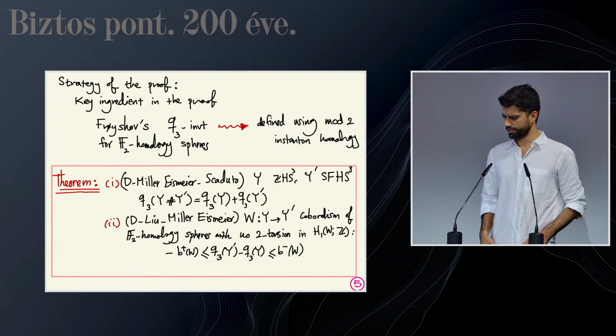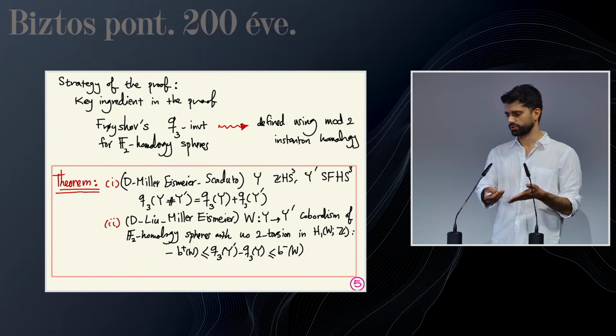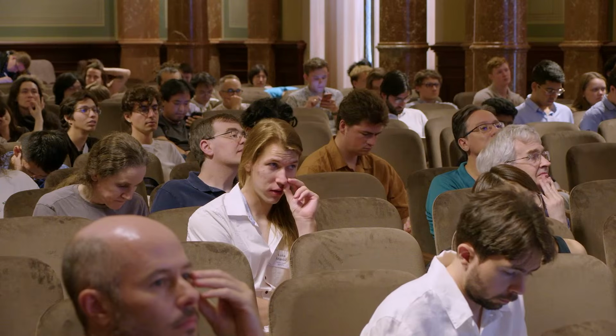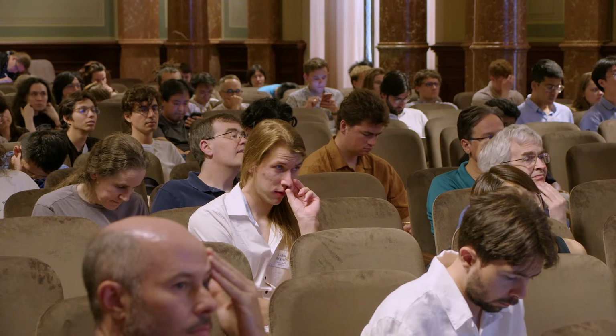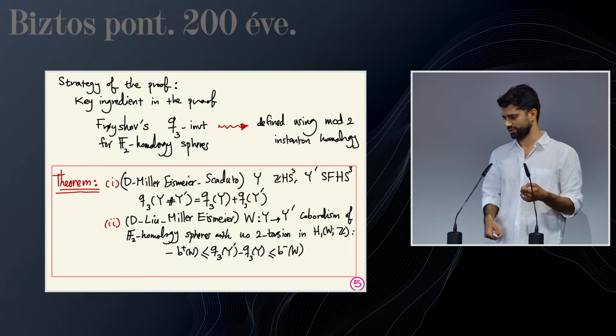The other important ingredient for us is this inequality. Whenever you have two 3-manifolds, two integer homology spheres, in fact they don't have to be integer homology spheres, there's some version of this for rational homology spheres. It's easiest to state in the generality of F2 homology spheres, which includes integer homology spheres.